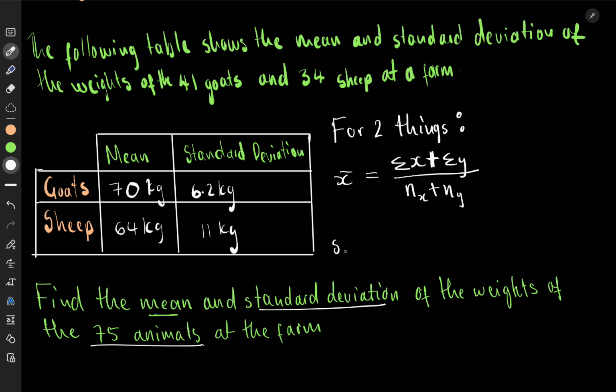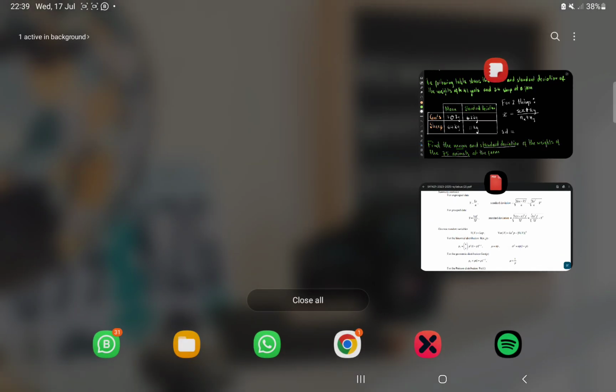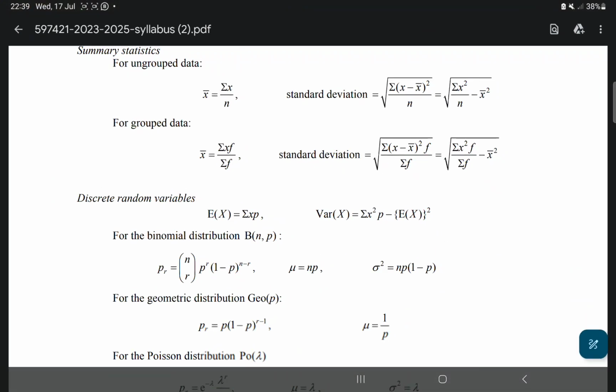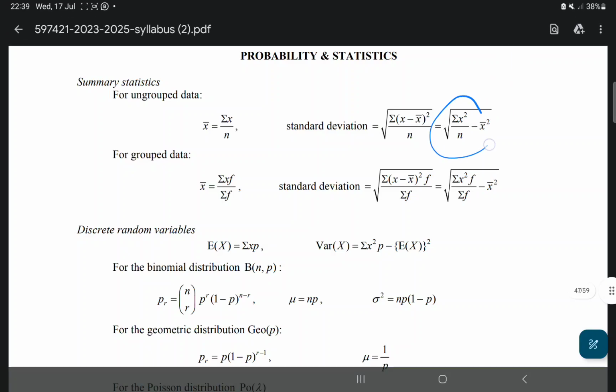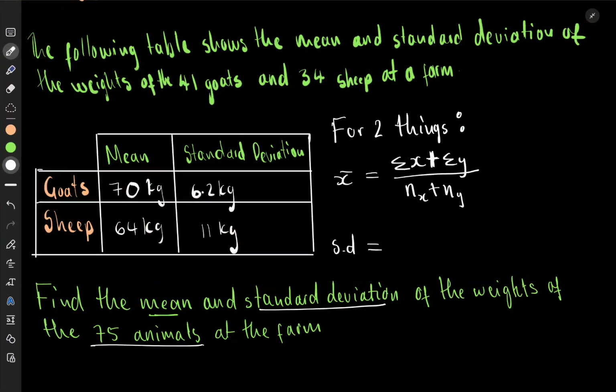And then the standard deviation. If you look at our MF19, it used to be the square root of the summation of x squared over n, minus x bar squared. It doesn't change much, but everywhere there is one summation, we put two.